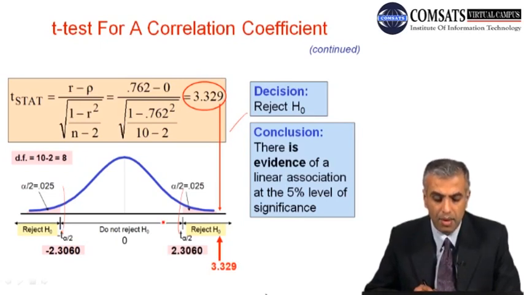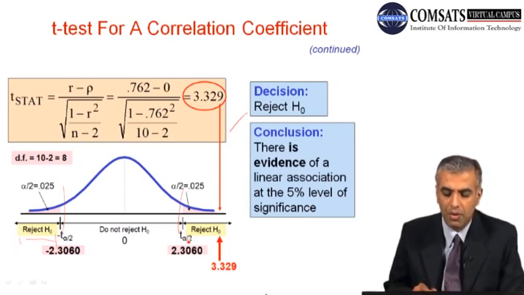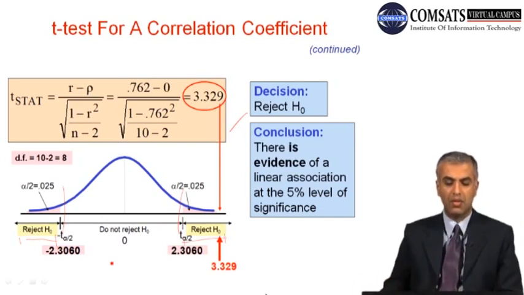Again it's a two-tailed test, so we are not sure about the direction. We have also identified the rejection region for the null hypothesis at the ends, and the middle range is the acceptance region for the null hypothesis.